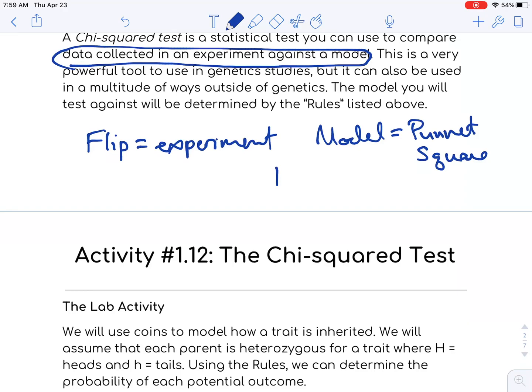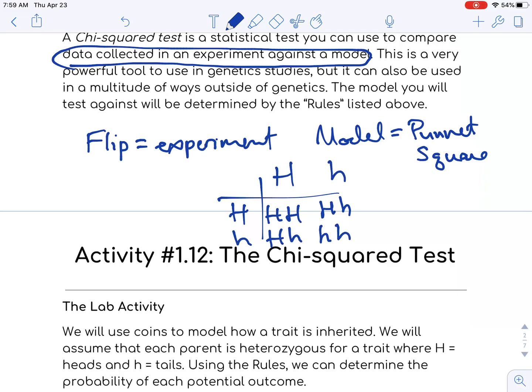So the model that we're testing for this one is if we're assuming that we have this cross, and we're also assuming that we can see the genotypes of the offspring, then we're looking for that 1 to 2 to 1 ratio.